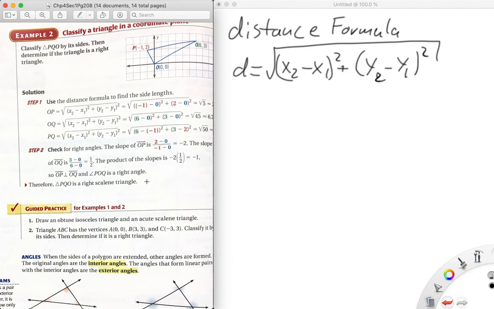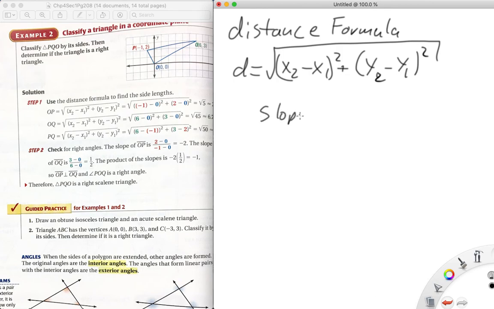You can't really tell if it's obtuse, acute, or equiangular, but you can tell if it's a right triangle. So get the distances of all three sides and then multiply their slopes. And remember, the slope formula is y2 minus y1 over x2 minus x1.